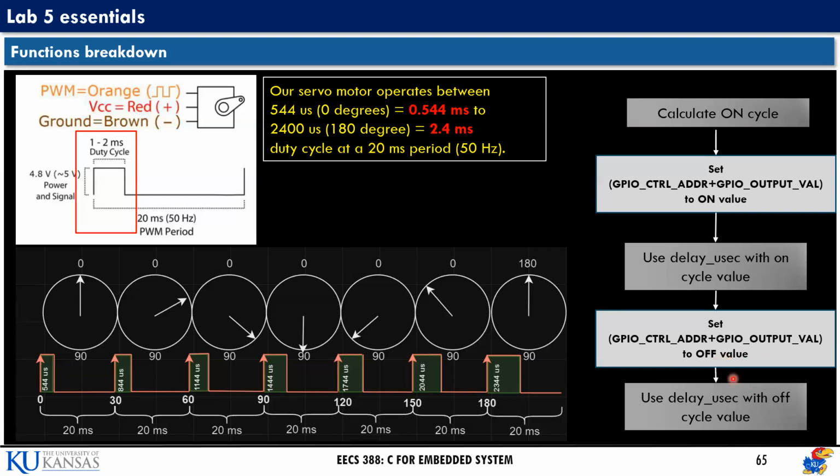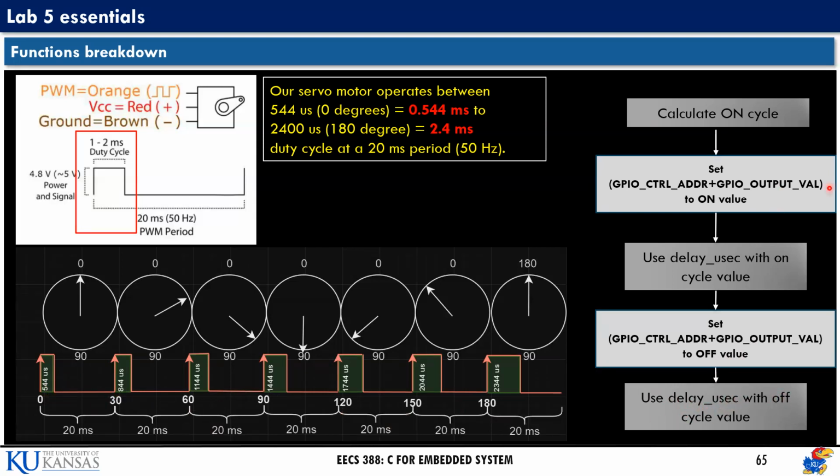Then after turning off, we need to know how much time we want to keep it off, so we again use the delay with the off cycle value.